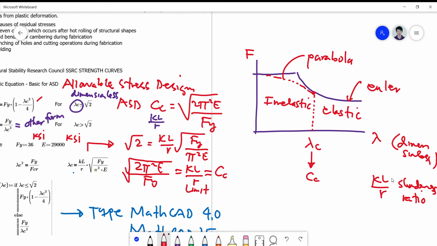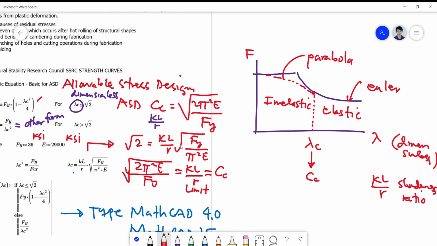Also dimensionless, but it is more of a property of ASD, and this is more of a property in LRFD. Okay?